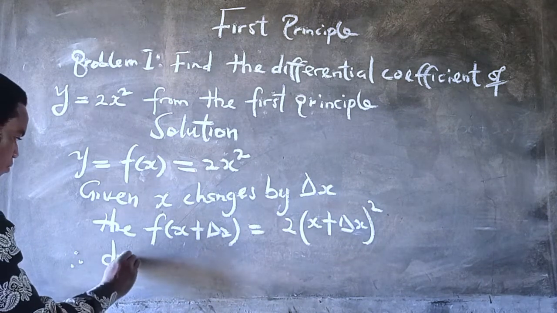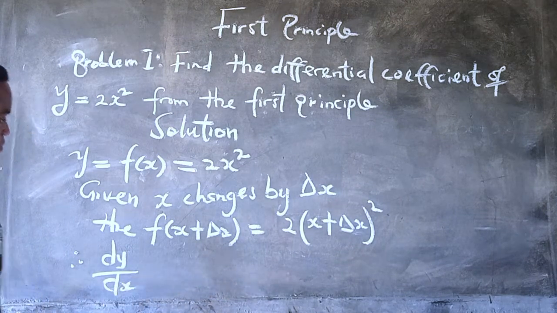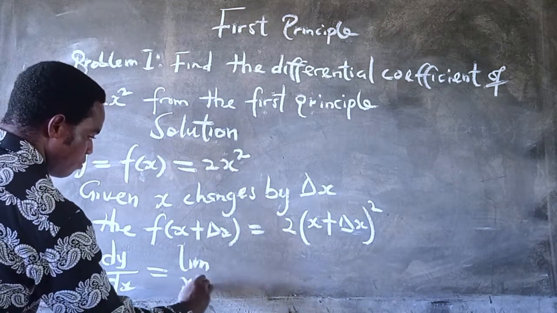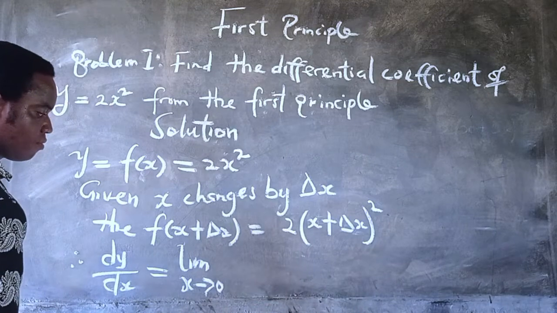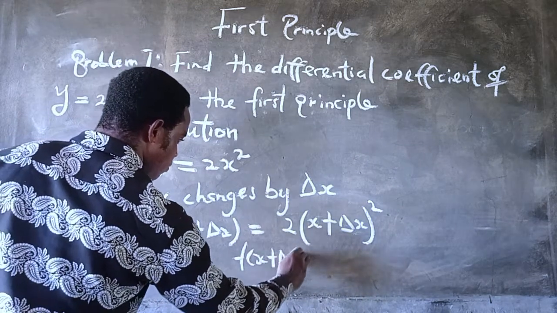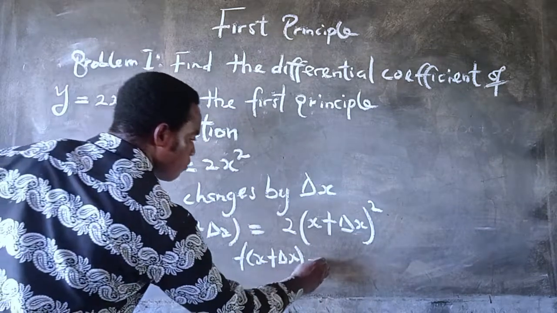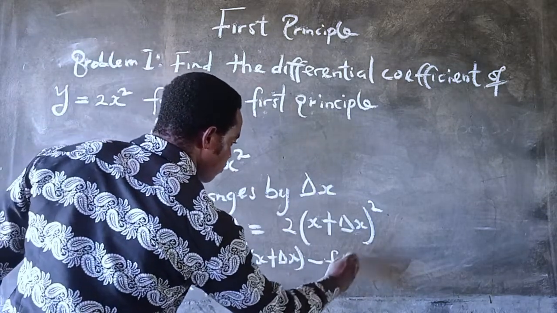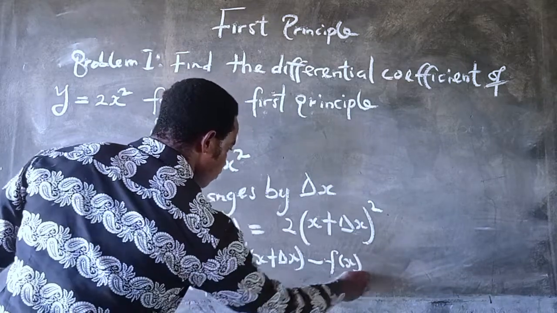Now take this as the general formula for calculating the differential coefficient of a function from the first principle. So the f of x plus delta x minus the f of x, and all divided by delta x.